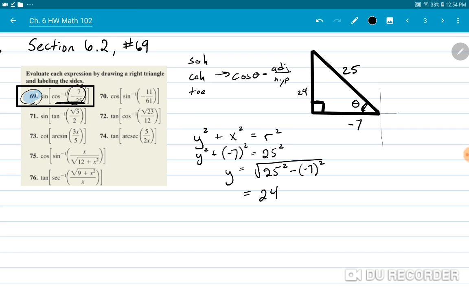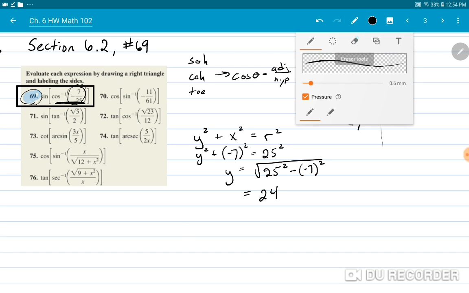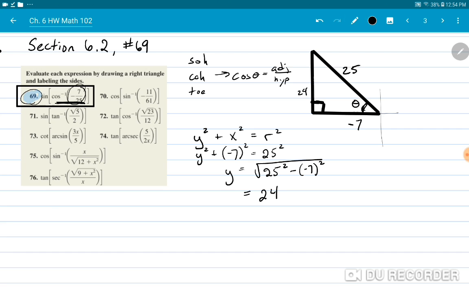Okay, so now that I have that third side, now I can take sine of that angle. So I'm going to rewrite this down here. We're looking for sine of cosine inverse of negative 7 over 25.